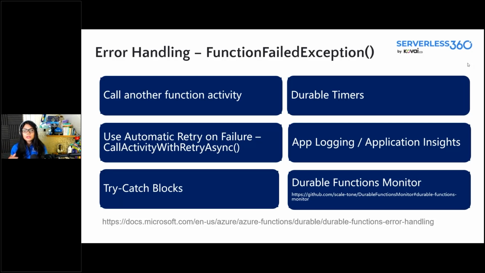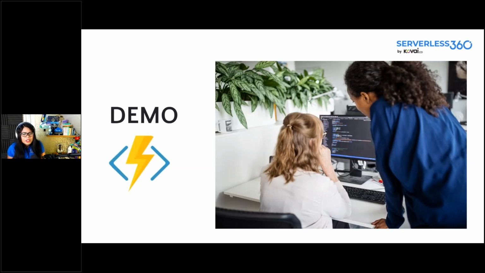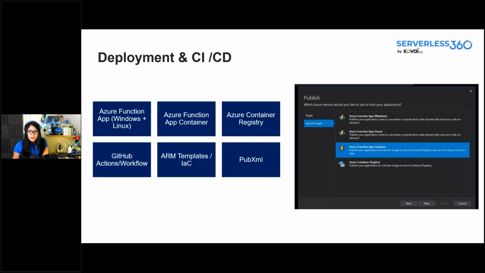So you can try to automatically retry, and you can actually call another activity to do its task if something fails. So that's a good way also to handle errors. And I think our time maybe is not enough, so I'm gonna skip the demo for now.